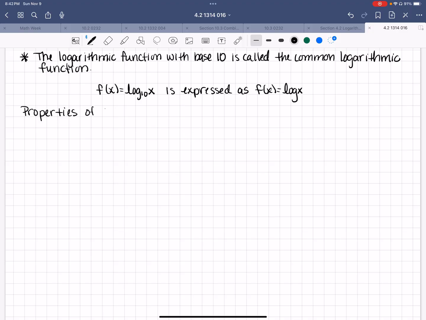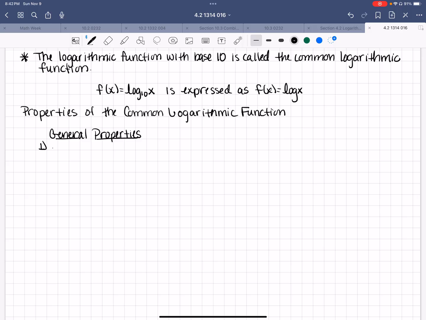Properties of the common logarithmic function. Okay? The general properties that we have, and this is for any base, so we write base b, are number 1, that's log base b of 1 equals 0.